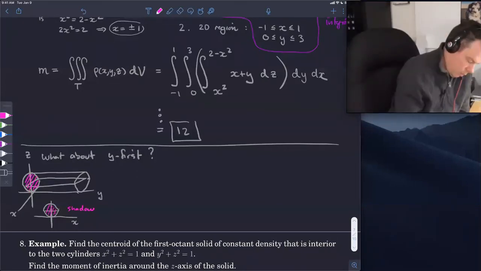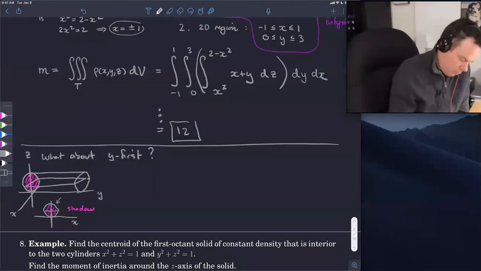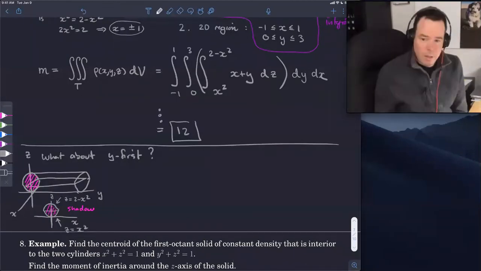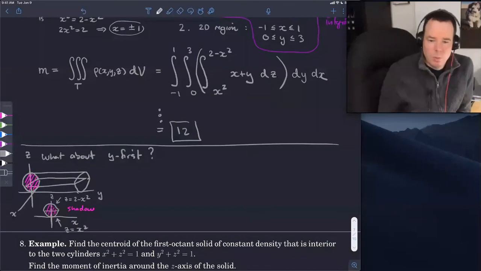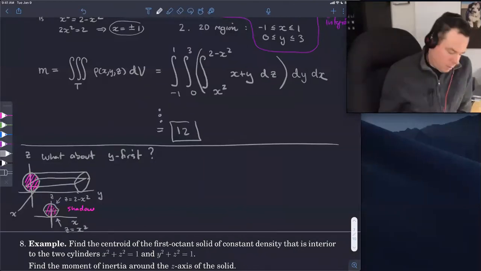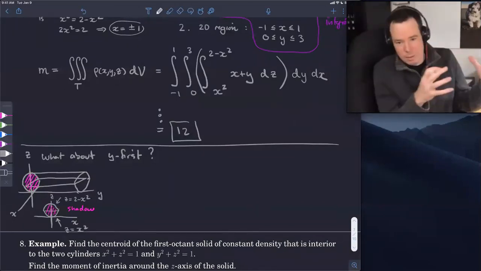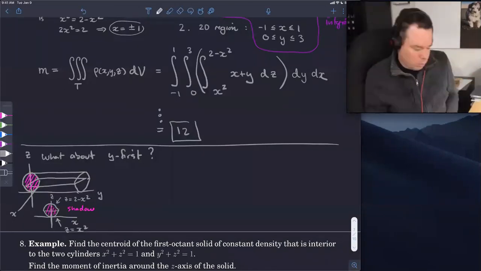And we've got an upper curve for this. That's our Z is equal to 2 minus x squared. And we've got our lower curve, which is our Z equals x squared. And the other thing to observe is that there are sides on this now. There's a top and a bottom, but the top and the bottom, we're thinking of this thing moving along the Y direction because we're doing Y first.